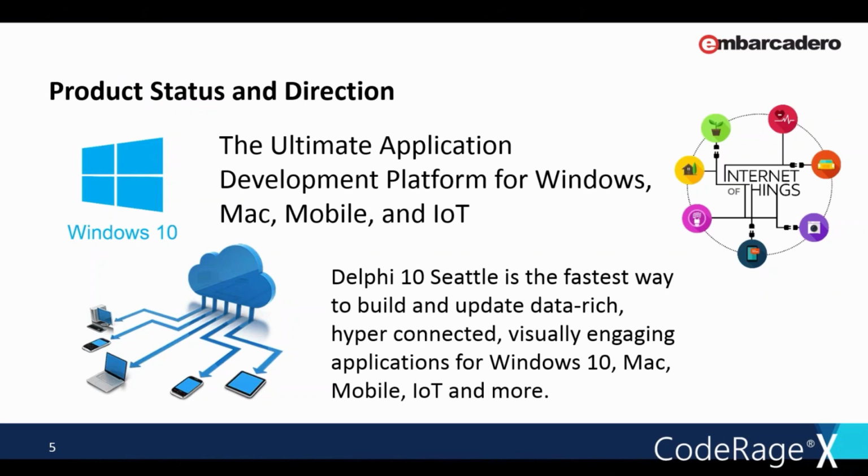Windows remains at the core of the product. The VCL remains the most used library that ships with Delphi. But we have reached really beyond Windows onto Mac and onto mobile, and that's happened over the last few years.